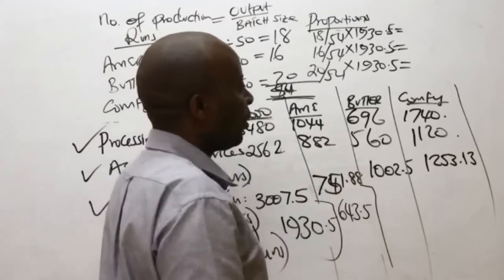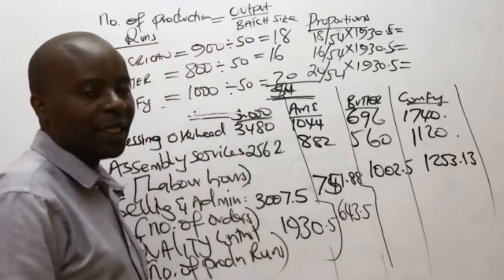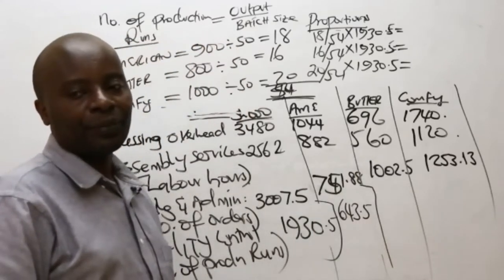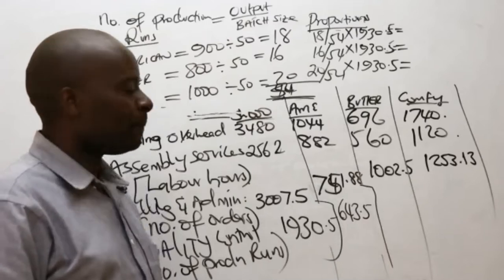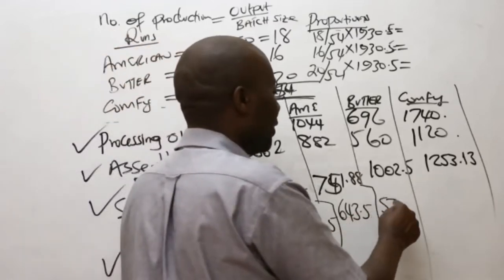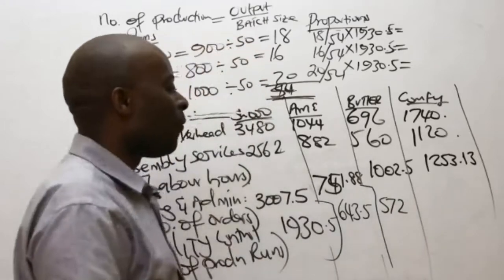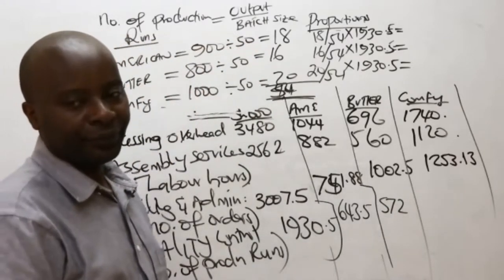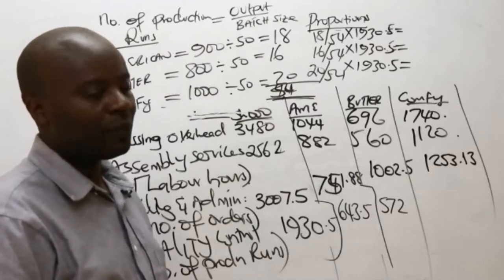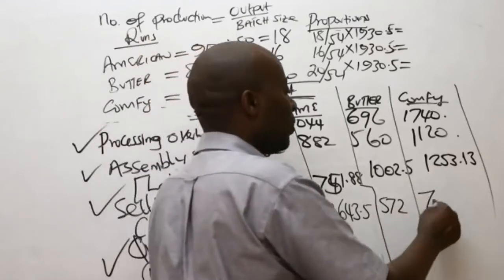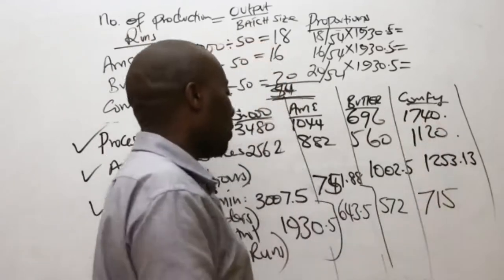Butterfly: 572. How about comfy? 715. Thank you very much.